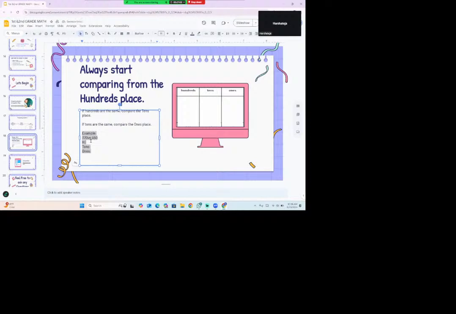The hundreds place, 3 is less than 4, meaning 370 is less than 450.